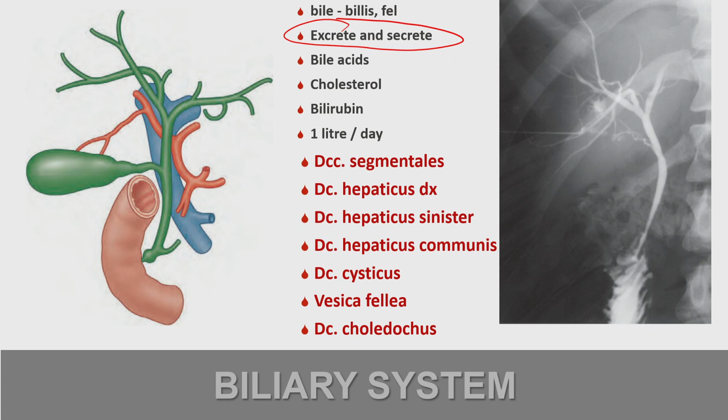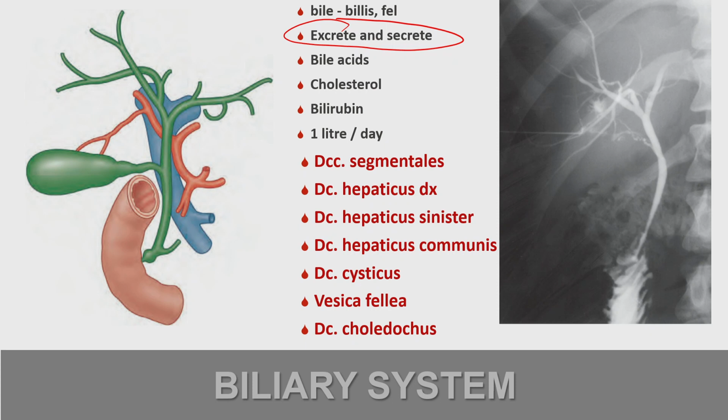Secrete is something containing something to be useful further. Here, what is useful? Useful are bile acids, which are used for emulsification of fatty substances in the content of the gastrointestinal tract, so in the intestine.